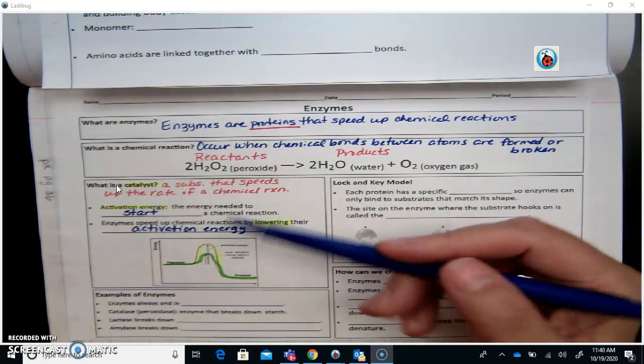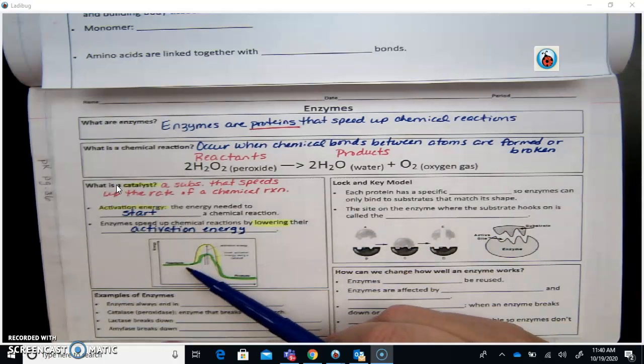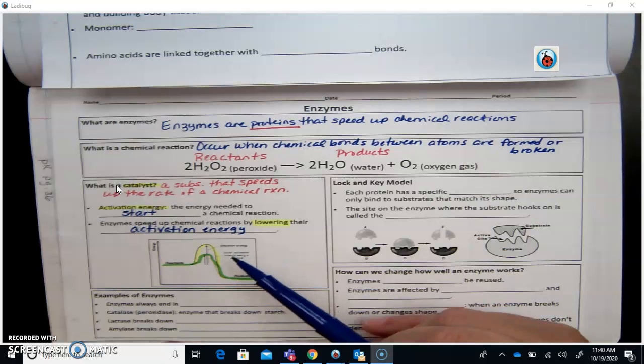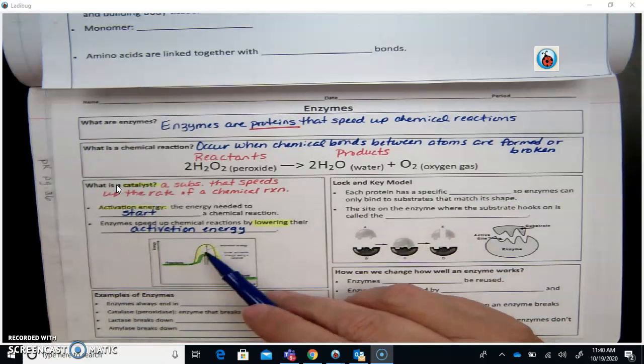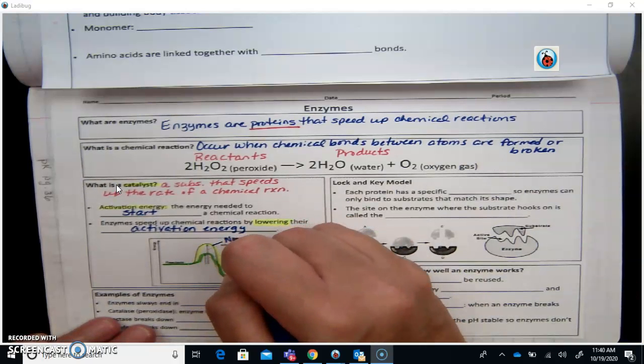One of these curves is showing a reaction using an enzyme, and one is showing a reaction not using an enzyme. The yellow line is showing you the progress of the chemical reaction when there's no enzyme used.